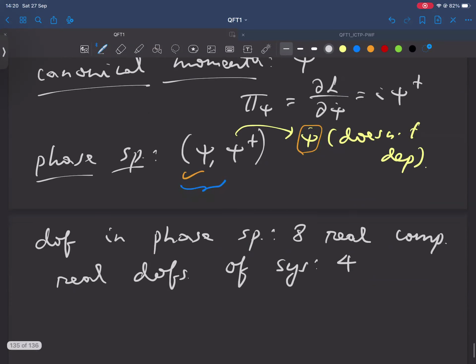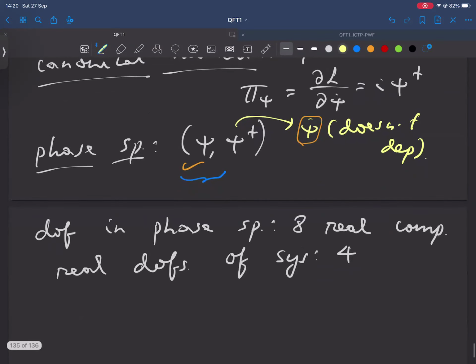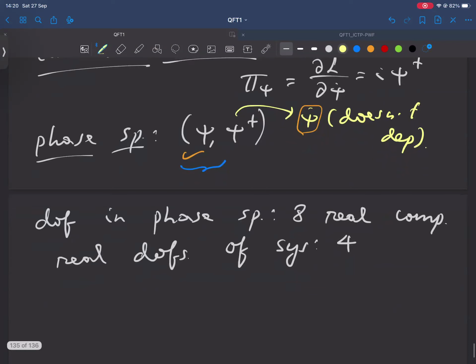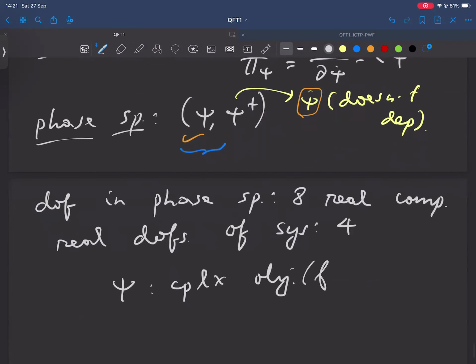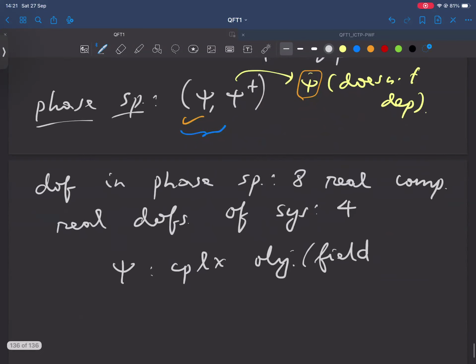So what are these 4 labels? As we will see today, psi was a complex field, and it had 4 components. Now we are seeing that the real degrees of freedom that it has is 4.